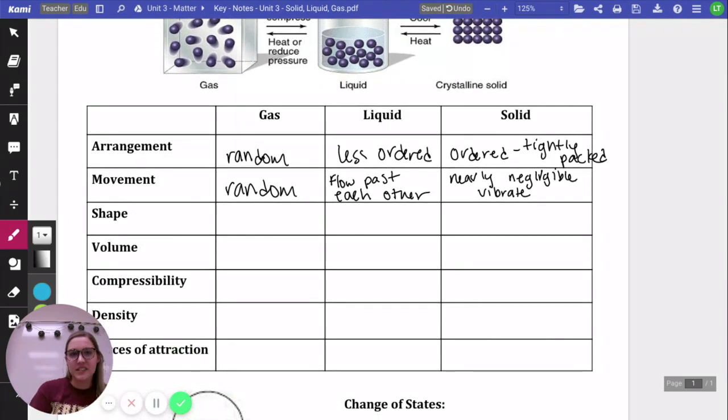Okay, shape-wise, solids are going to have a definite shape. So my pen is always going to be this shape as it is a solid. Liquids take on the shape of the container.